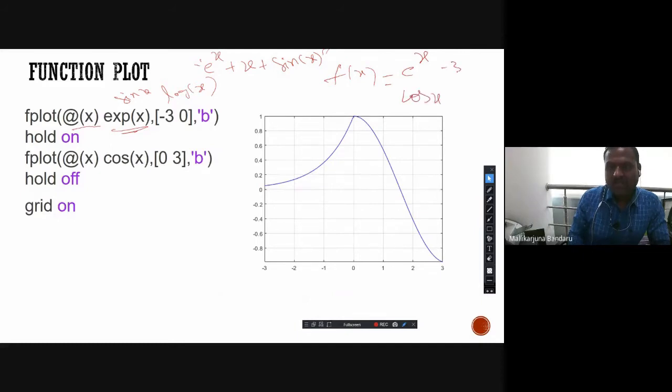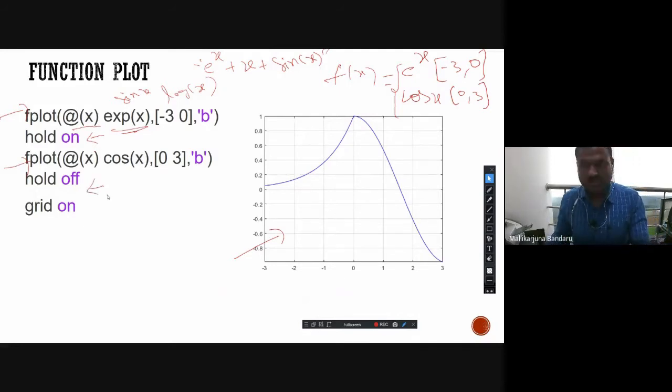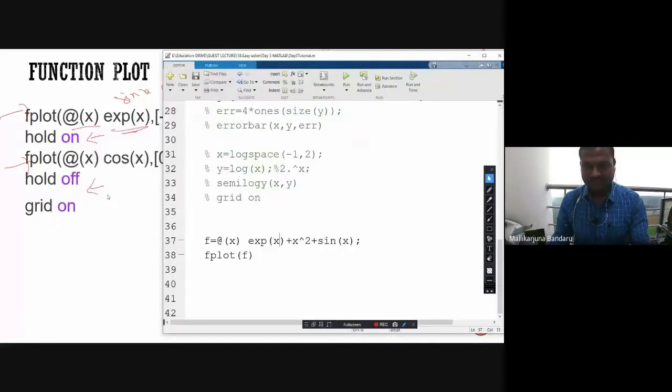Within the range -3 to 0 it is e power x, and 0 to 3 it is cos x. Actually, this is the function. How we visualize this is the example, and this is the syntax for function plot, in the same graph. Let us try the same thing with sin x and cos x. Then you feel exactly what it means.